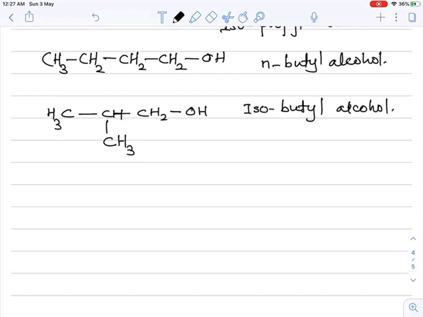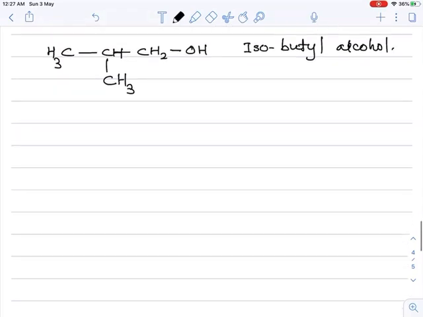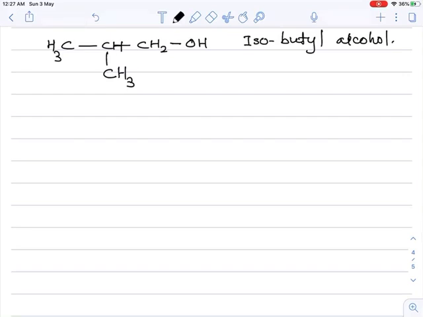Isobutyl alcohol. Now one more arrangement for 4 carbons. If we take a carbon skeleton of 4 carbons, arranged this way, and to this carbon OH is attached. The remaining valency of each carbon is completed by hydrogen and we get its structural formula.